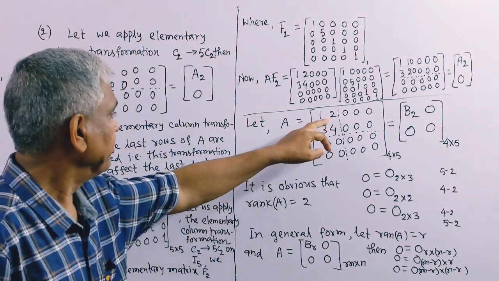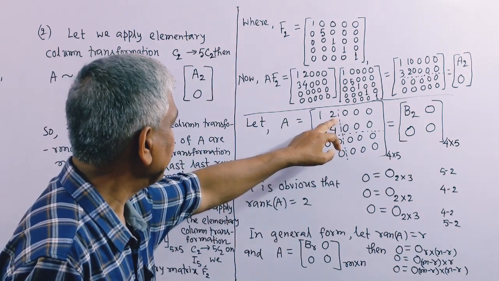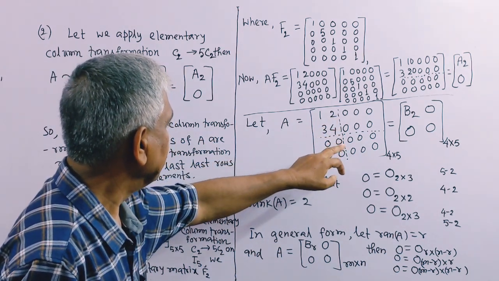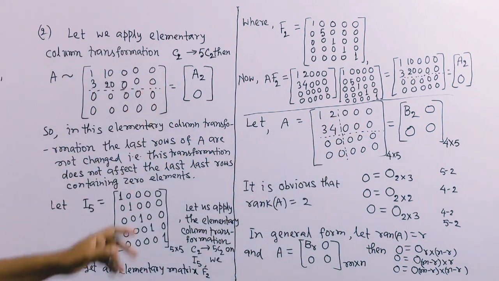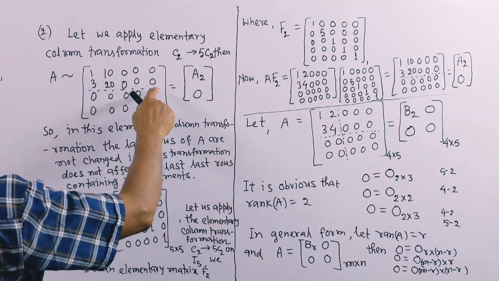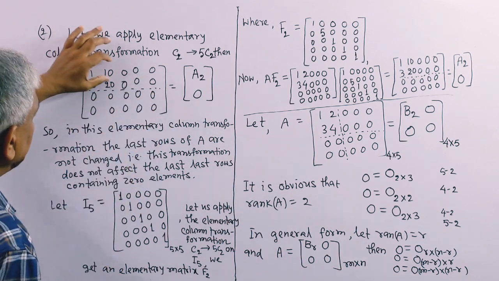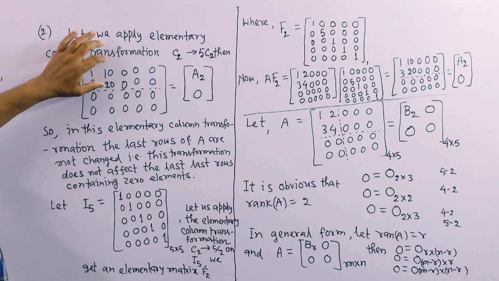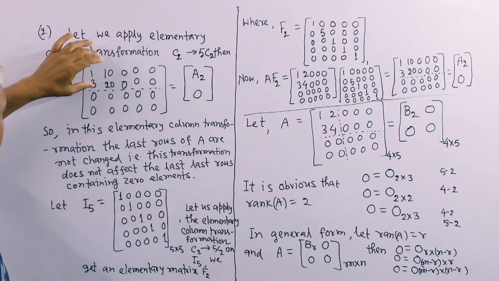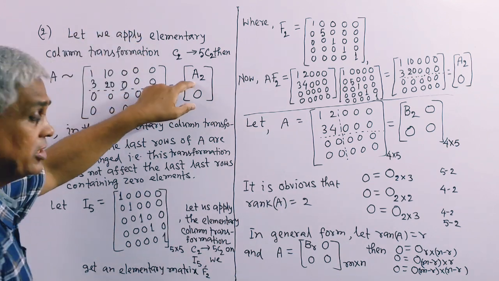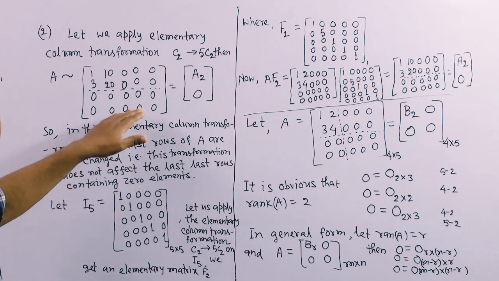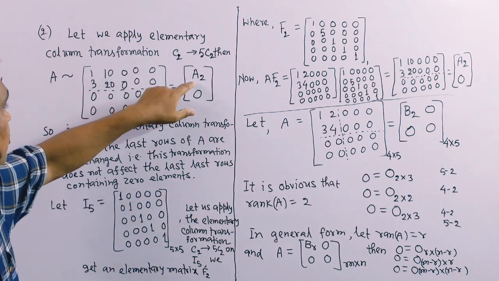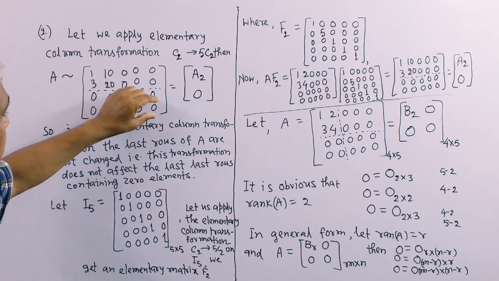So if we multiply column 2 by 5, we get 10, here 20, here 0, 0, and the other columns remain the same. Here the number of non-zero rows is 2. So we call this part A2. This A2 is not equal to the A2 of the first case; we only call this part A2 here. And the last row is 0.